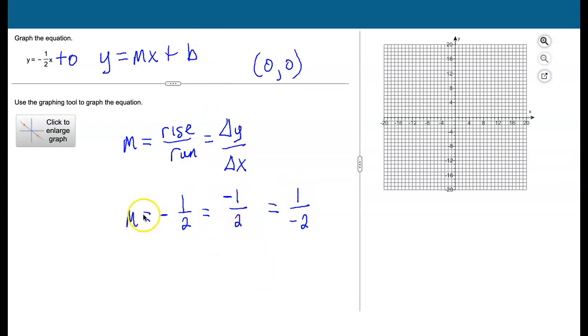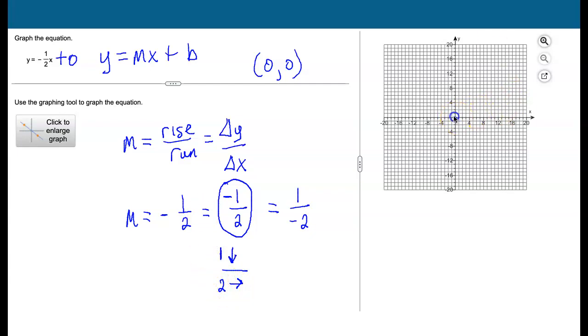So what this tells us is that looking at it in this way, from the point 0, 0, we need to go down 1 unit, and then we need to go to the right 2 units. So down 1 unit, to the right 2 units to find another point on the graph.